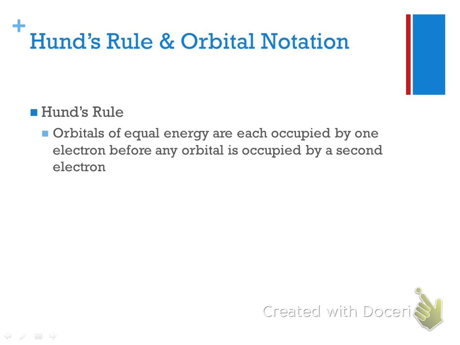Okay, so go ahead and write down what Hund's rule means. It tells us orbitals of equal energy, so things on the same energy level, are each occupied by 1 electron before any orbital is occupied by a second electron.